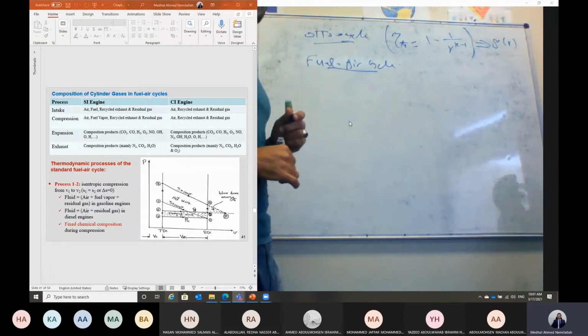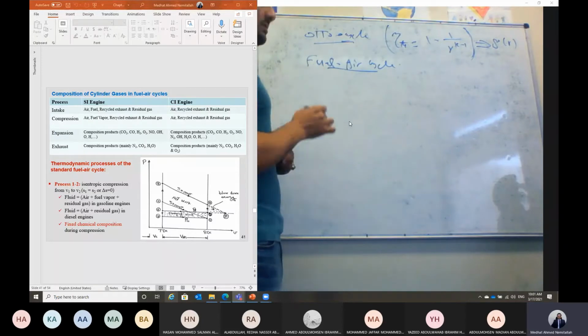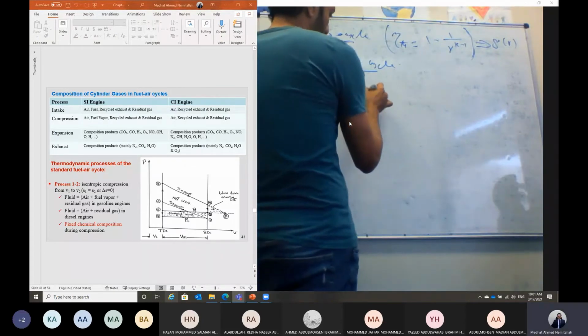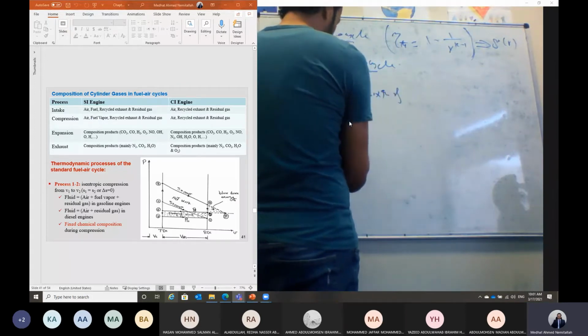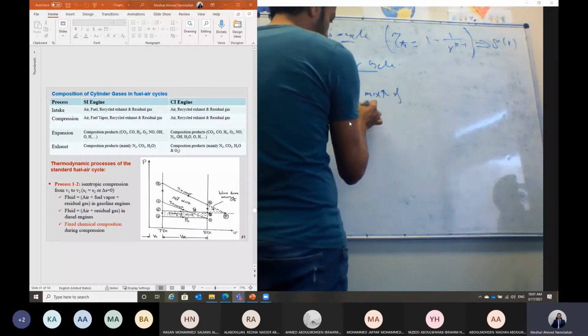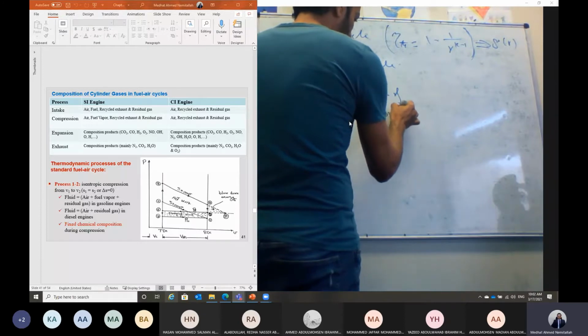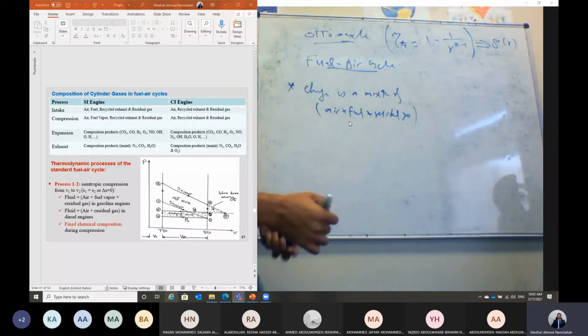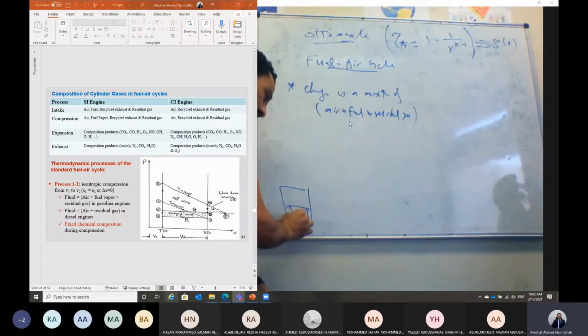In this fuel air standard cycle, as the name indicates, the charge is a mixture of air plus fuel plus some residual gas from the previous cycle. When we have the engine, during the exhaust stroke the piston is moving up and the exhaust valve is opening.